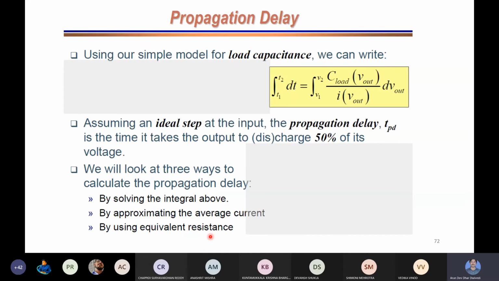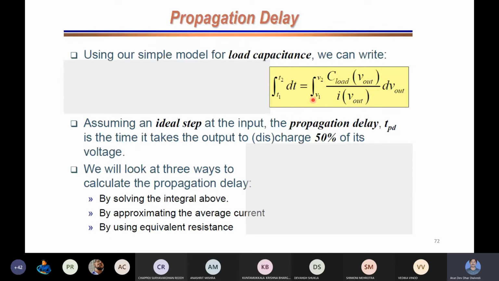So let us see this model: find the time by integrating from T1 to T2. If you have to calculate any time delay, then you can integrate from the initial voltage to the final voltage, where C load is a function of V out, and the capacitor current I is also a function of V out into dV out.